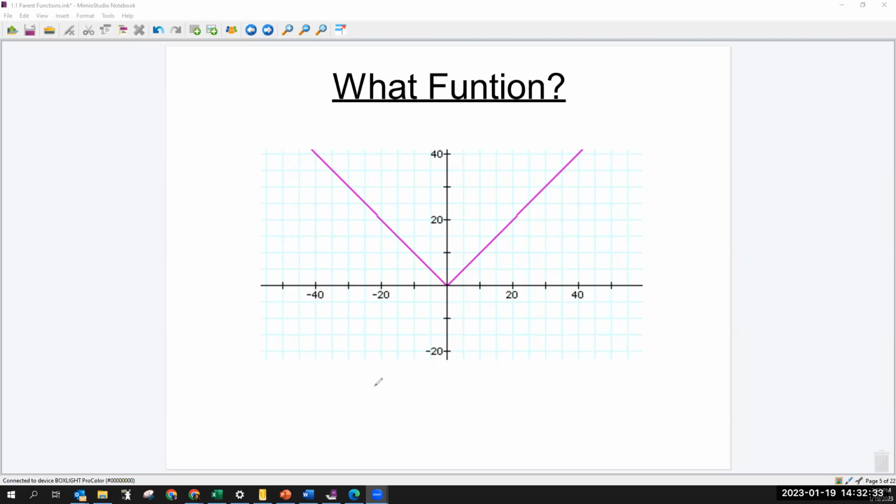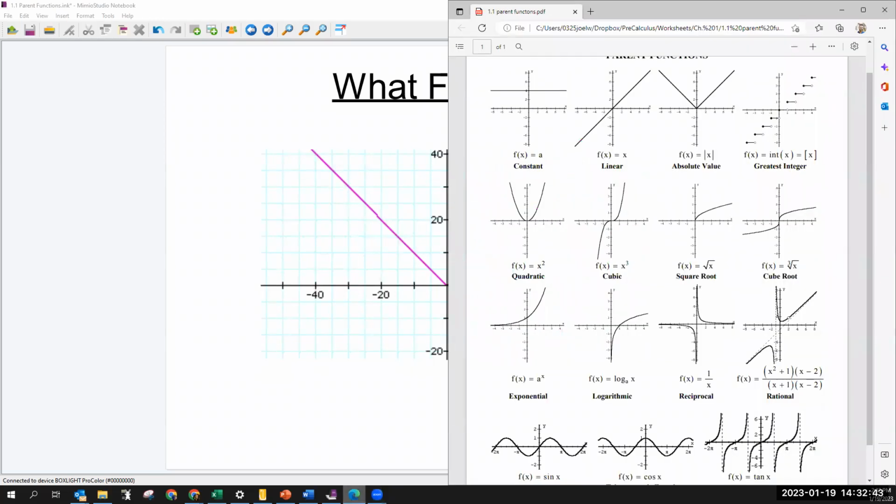Well, this one, if you came up with, flip back to my paper now, absolute value. So that right there is what you should have had for this one, okay?